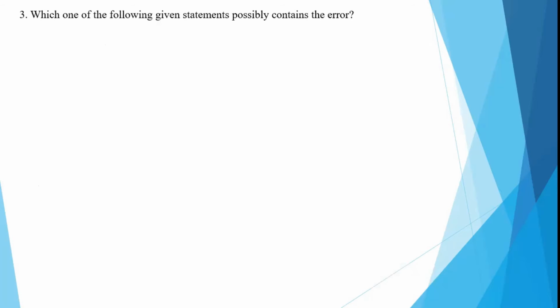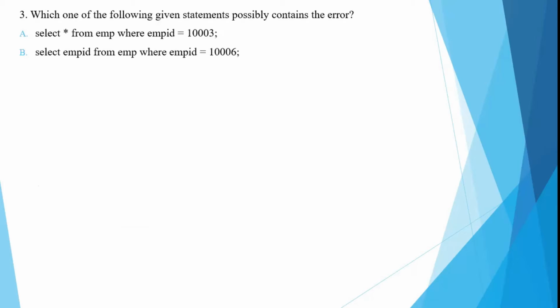So the next question: which one of the following statements possibly contains an error? From the given options we are going to find out in which one an error is present. So let us see. First one, select star from employee, that is EMP, where EMP ID equals 10003.